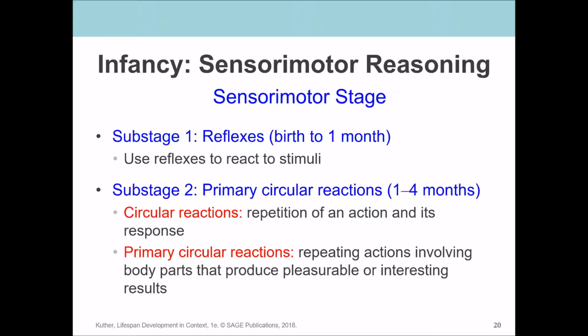For example, they will kick, or they will bring their hand up to their mouth and suck on their hand, and they'll do it purposefully simply because it was pleasurable. It involves their own body parts, not outside objects quite yet. And it may begin by accident, like the infant accidentally sucks on their hands, and then they try to repeat it, suck on their hand or their finger over again, because it seems to be something that's interesting and pleasurable.